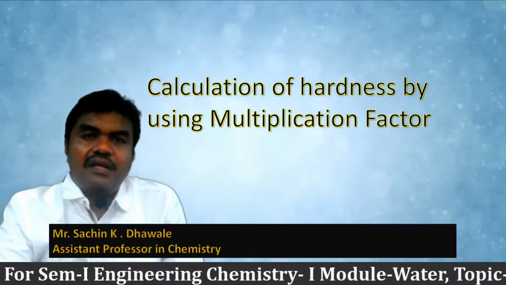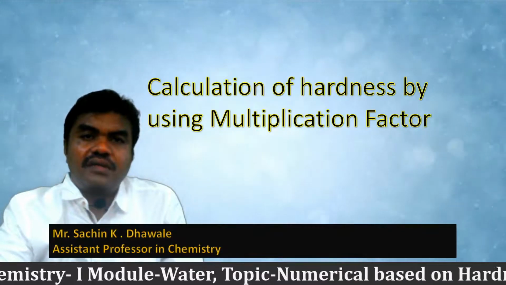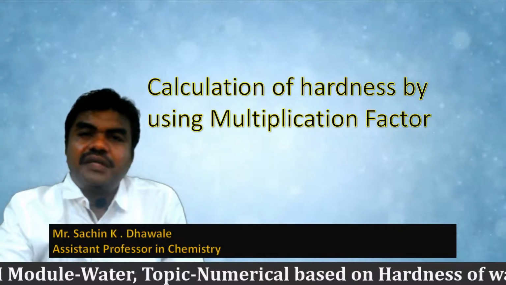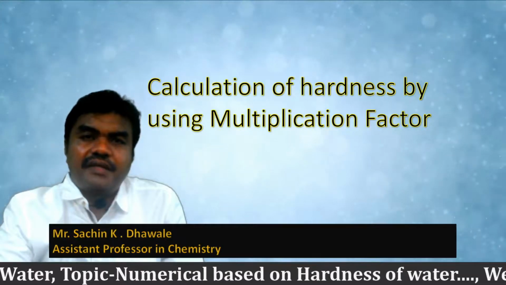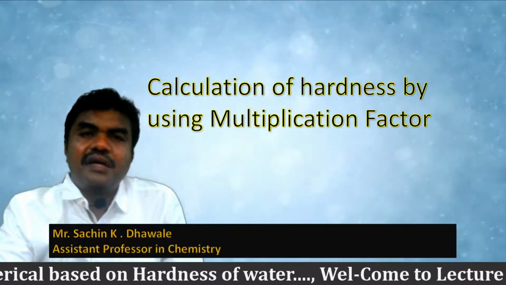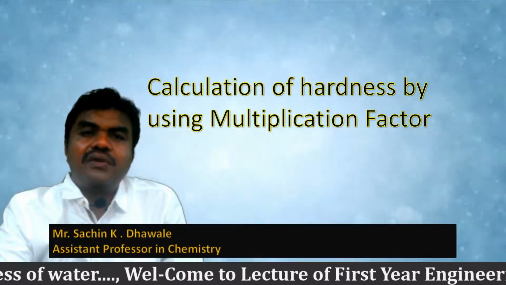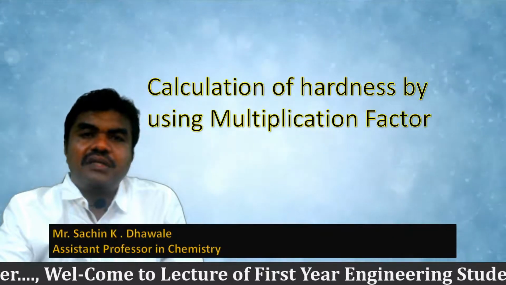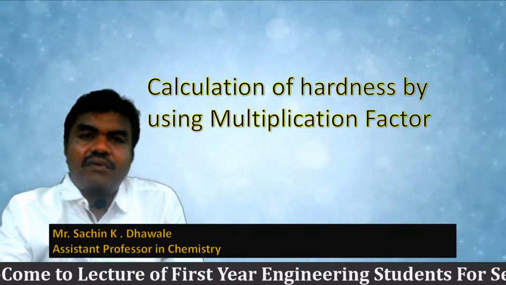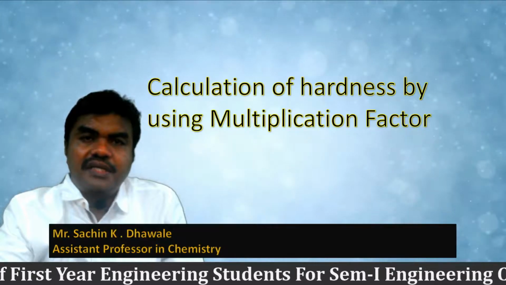I am directly going to calculate the hardness of water by using multiplication factors. Yes, it is important to use a multiplication factor of temporary hardness causing salt and permanent hardness causing salt. Okay, so I am sharing my presentation.